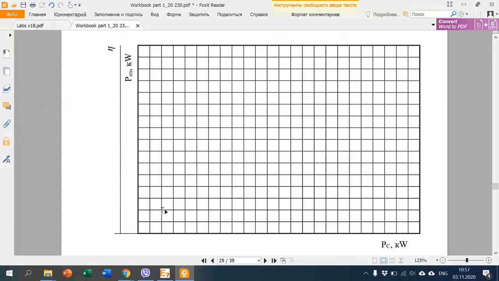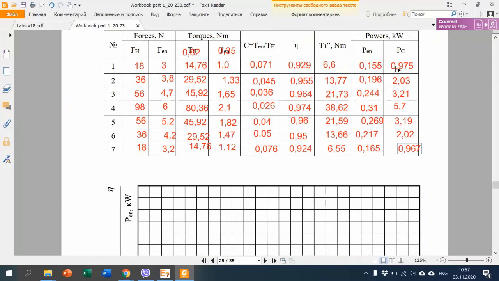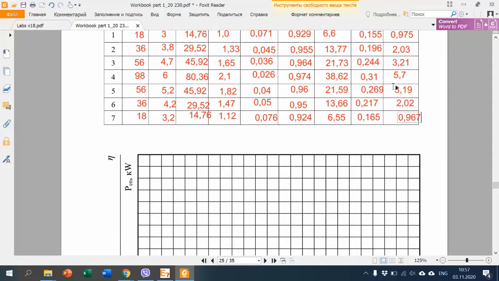So we can make an average value here. 96 and 97, approximately 0.97. It's power. Maximum is 6.